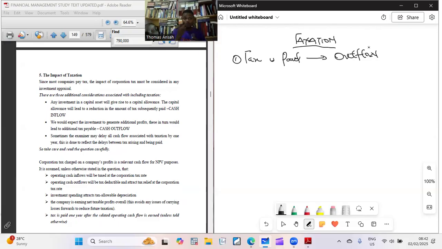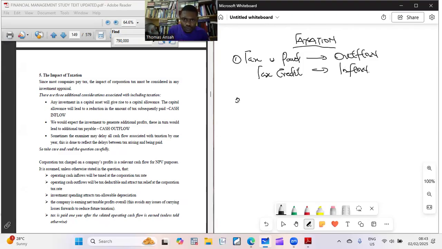So tax is a cash flow, and it is actually an outflow. But if you have a tax credit, in this case the GRA is owing you, that one will be an inflow. So take note of that. Tax to be paid is an outflow, but if the GRA is supposed to refund some money to you, then it is an inflow.